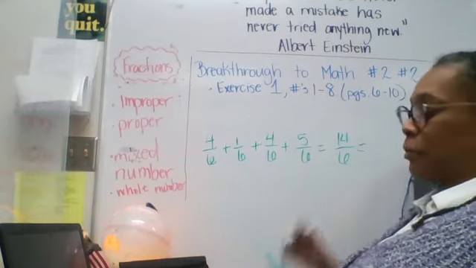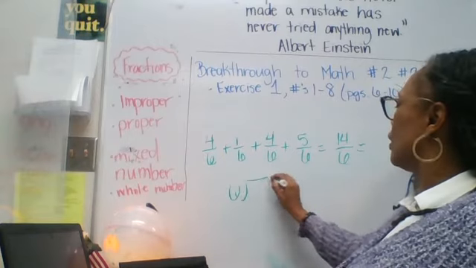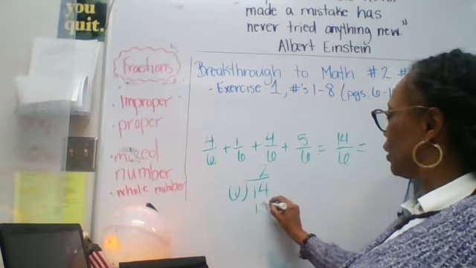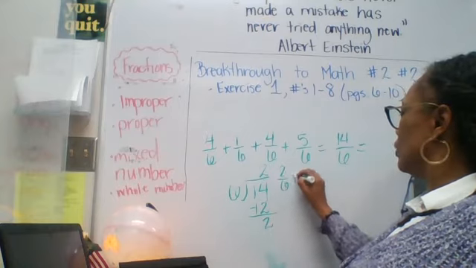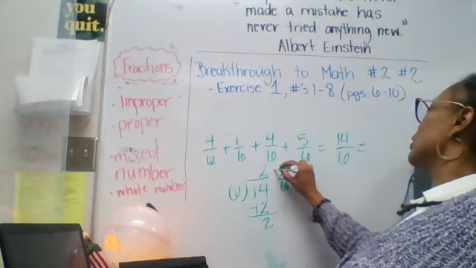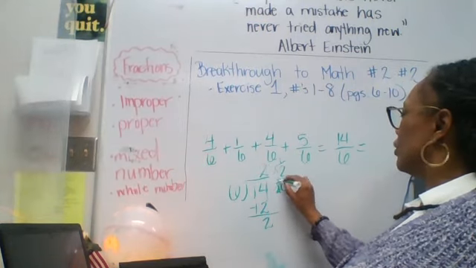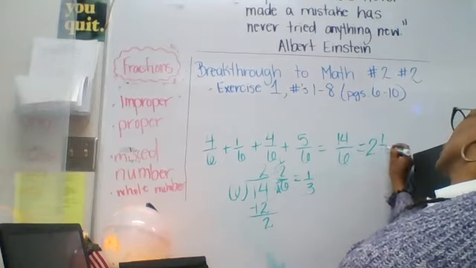Oh my, another mixed number. 14 divided by 6. We know that 6 times 2 is 12. Uh-oh, leaves us with 2/6 again. 2 into 2, 1. 2 into 6, 3. 1/3. So the answer is 2 and 1/3.